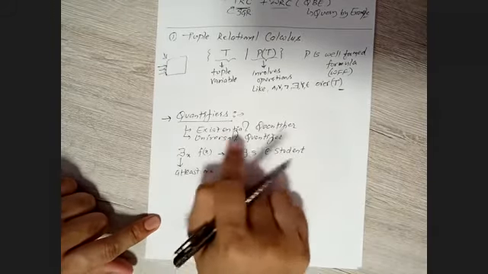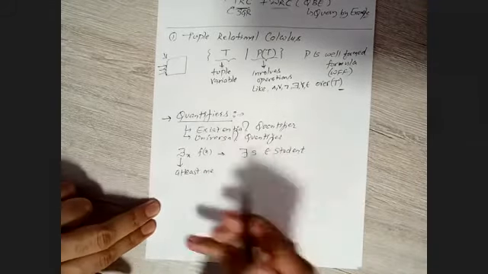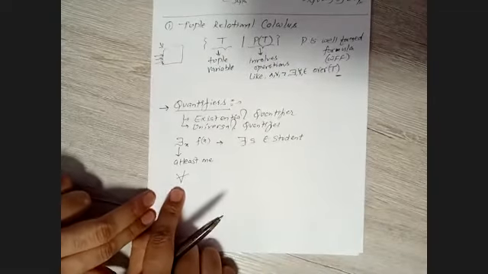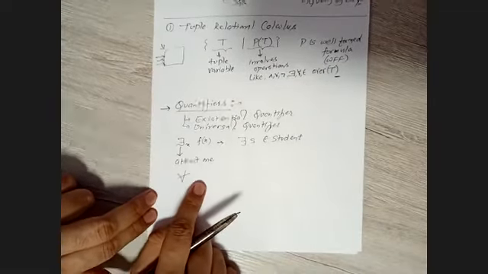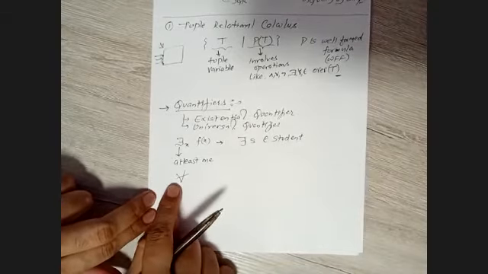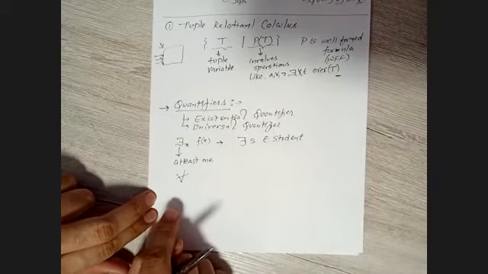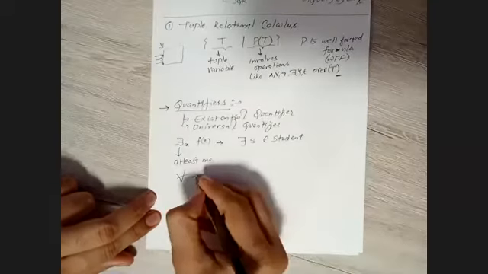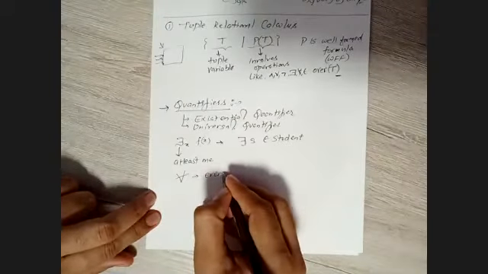Now for the universal quantifier we use "for all", and we write this expression as an inverted A. It applies to a statement about every instance.